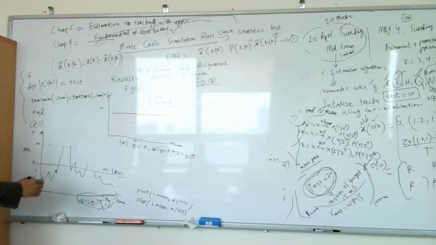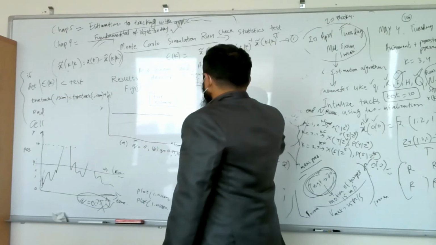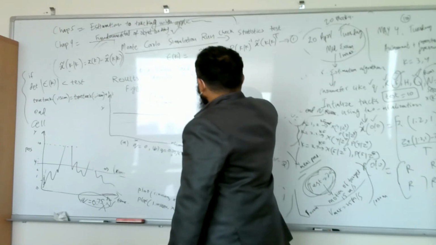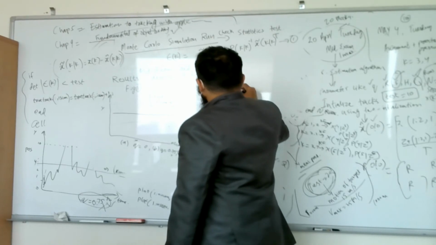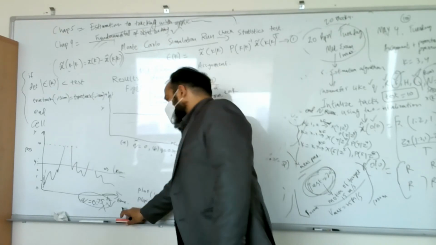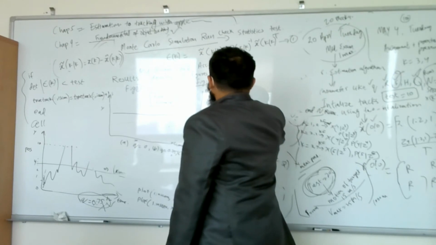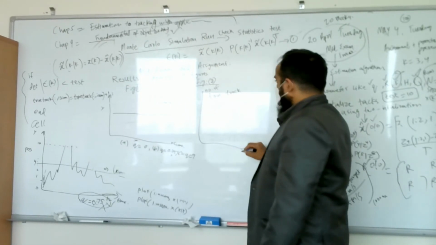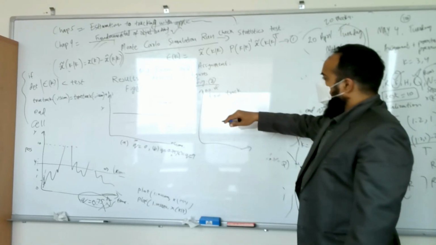Then generate this figure here: number of true track. Here you can observe how many times the chi-square test is satisfied.